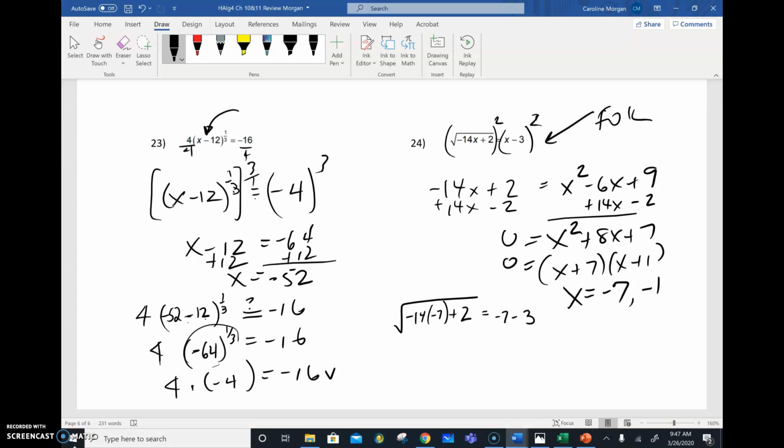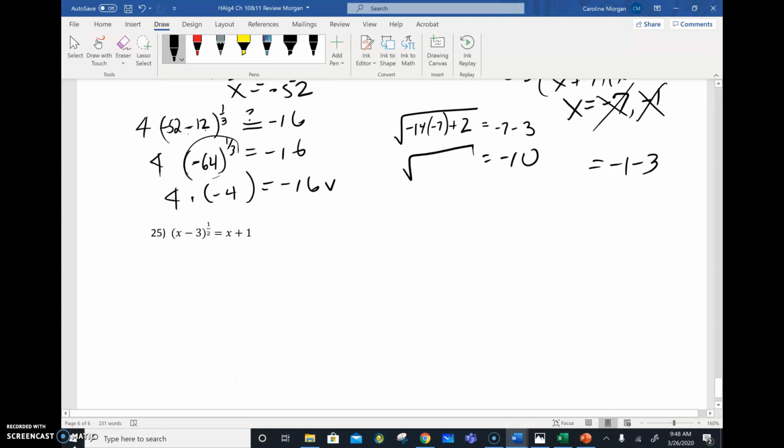Well, gang, notice what we have here. We have a radical on this side equaling -10. That can't work. And if we plug in -1, on that right-hand side, that can't work either. So this problem has no solution.